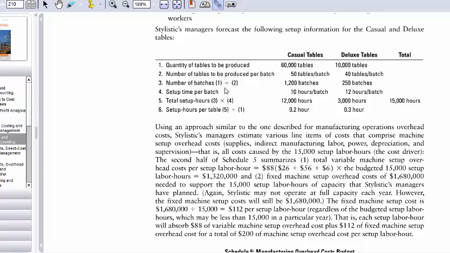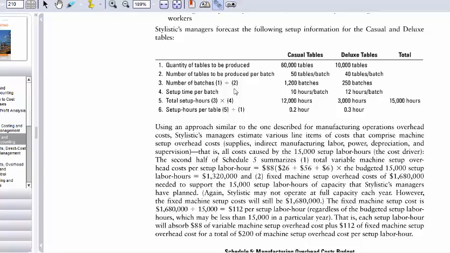So how many batches need to be done? Because the batches affect our number of setups. In order to do a run or a batch on an assembly line, we're going to load up enough parts to make the number of units that can be done in a batch.